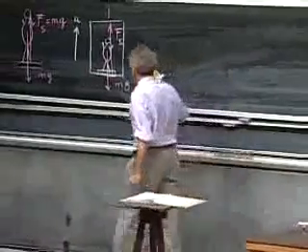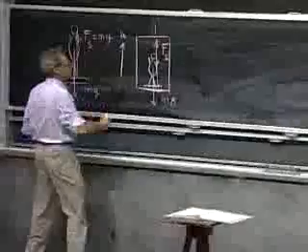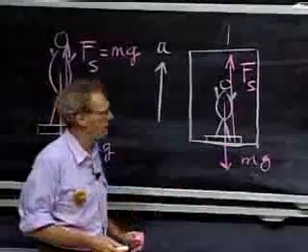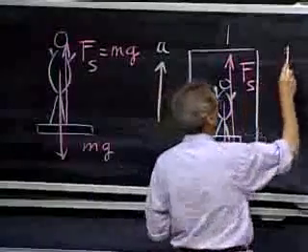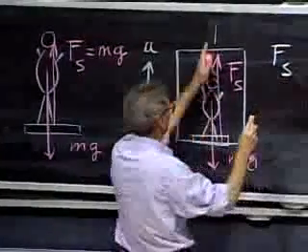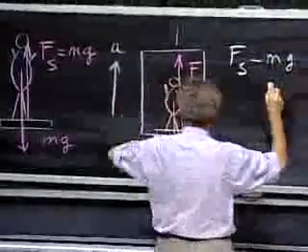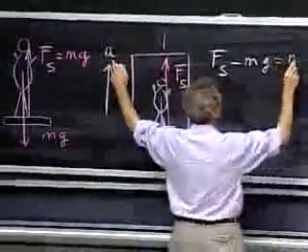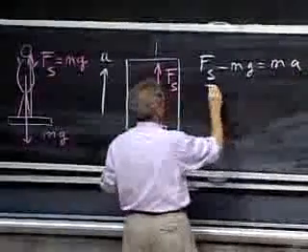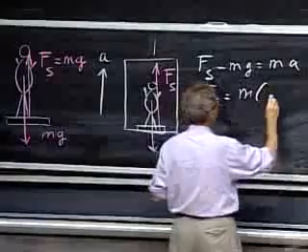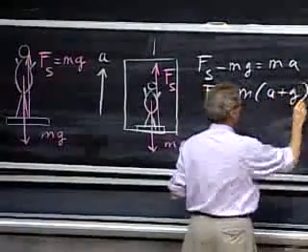Okay, it's clear that if this is accelerated upwards, that F of s must be larger than mg, otherwise I cannot be accelerated. And so we get Newton's second law. F of s in the plus direction, minus mg, which is in this direction, equals m times a. And so the bathroom scale indicates m times (a plus g).